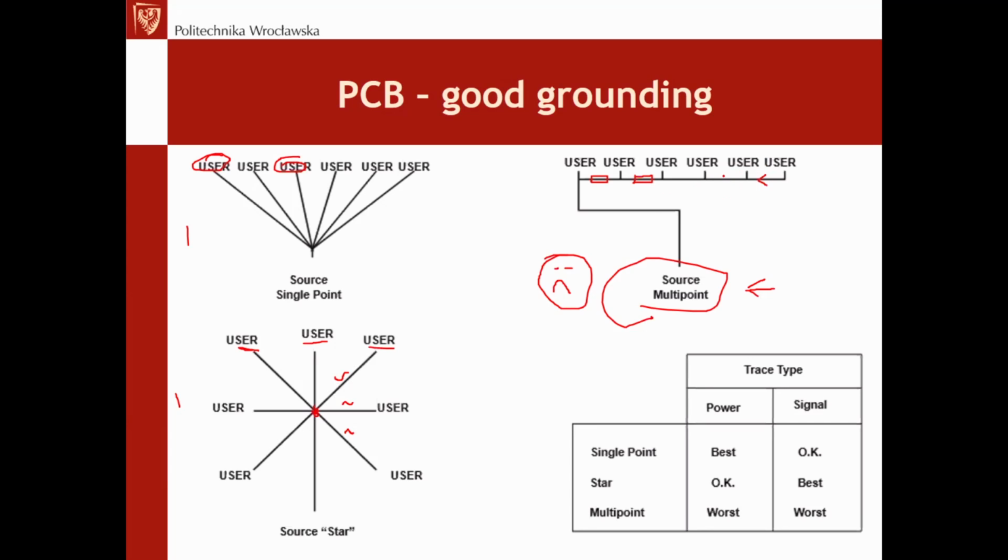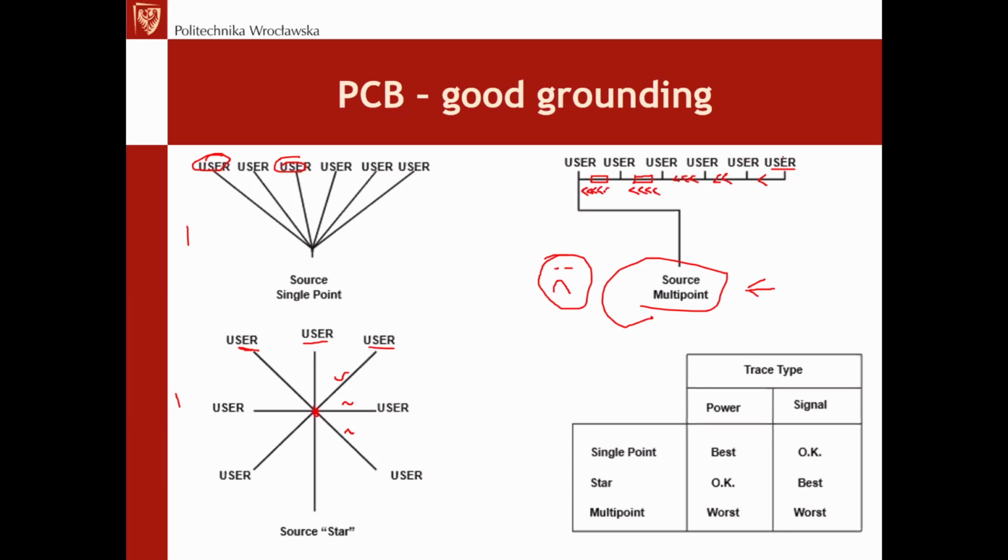If from this user there is this current flowing, then here the current is higher, because we have current from here and from here as well. Summed up, here we have already tripled the current, and then here the current is getting even higher, and here even higher.